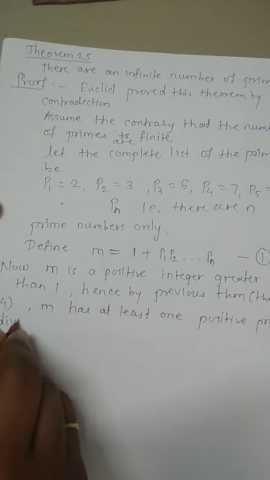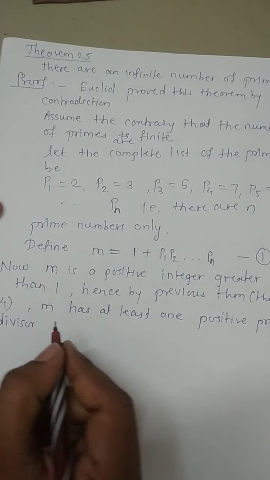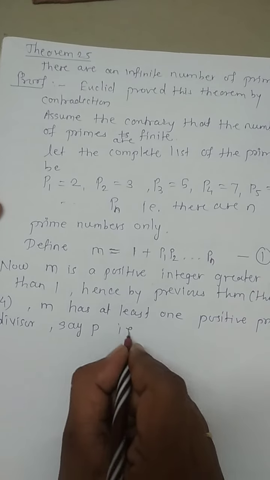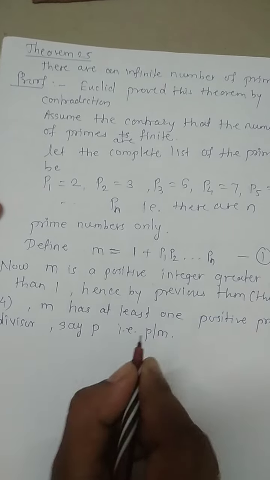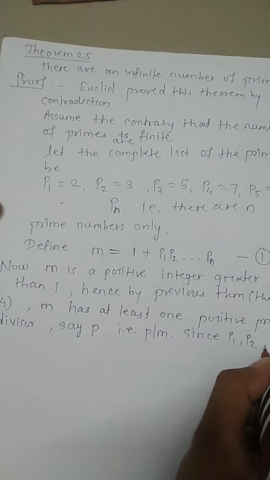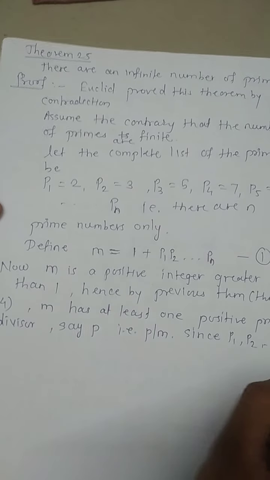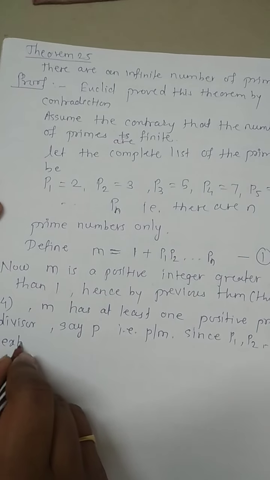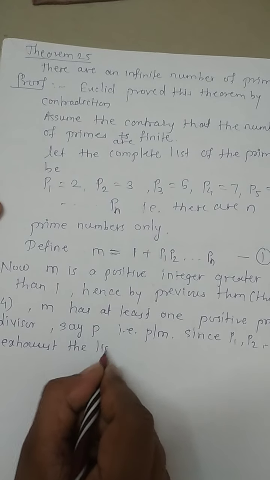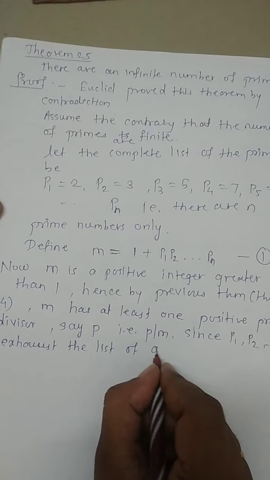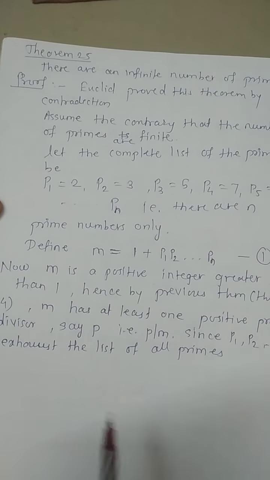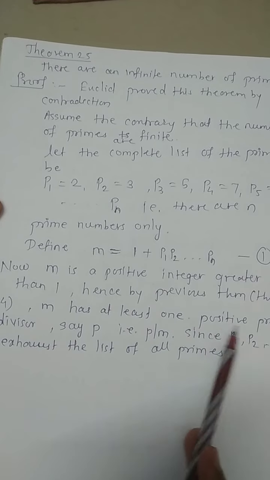Yes, m has at least one positive prime divisor, say P, that is, P divides m. Since P1, P2 up to Pn exhaust the list of all primes, m has at least one positive prime divisor.